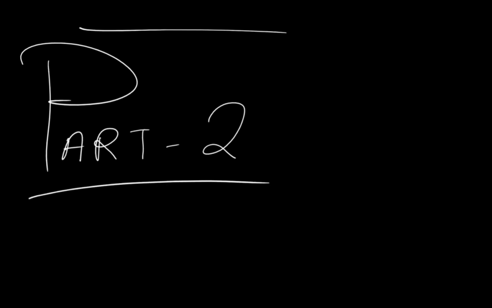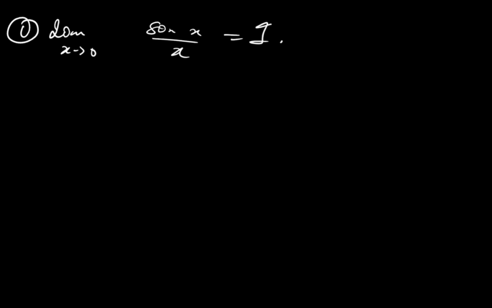So this is part 2. Now, before we look into some examples, I just want you to remember something. I did look at limit identities. The first identity was that the limit as x approaches 0 of sine x over x is equivalent to 1.